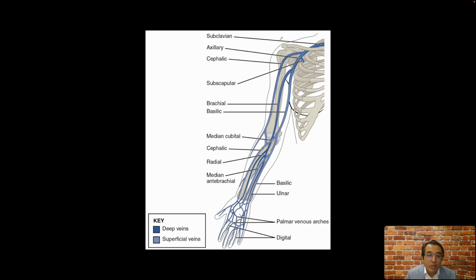Going from proximal to distal, deep veins of the upper extremities are the subclavian vein, axillary vein, brachial vein, and also the radial and ulnar veins. The other veins shown here in light blue and labeled are superficial veins.